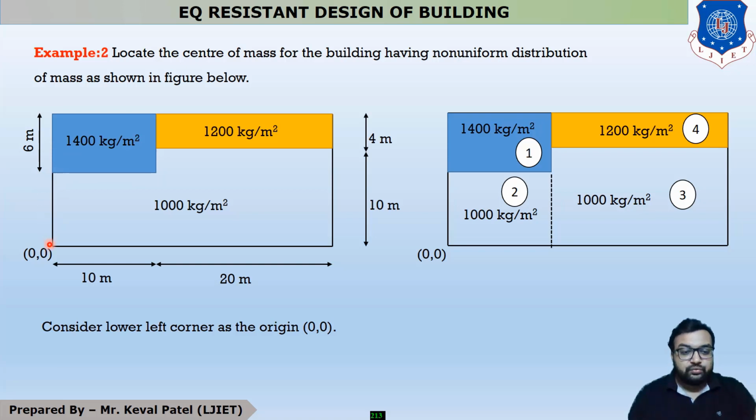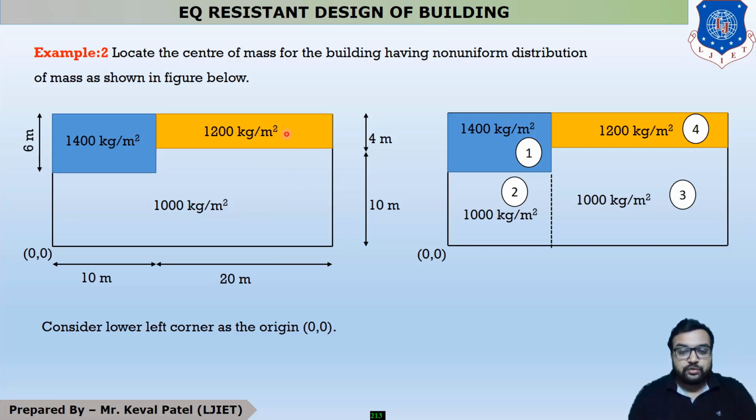The value of y2: this length is 8 meter, so 8 divided by 2 is equal to 4 meter. Your third portion is this, where the height is 10 meter, so the CG of 10 meter is 5 meter. So your value of y3 is 5 meter.